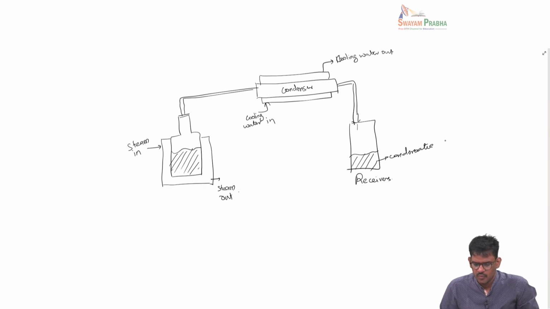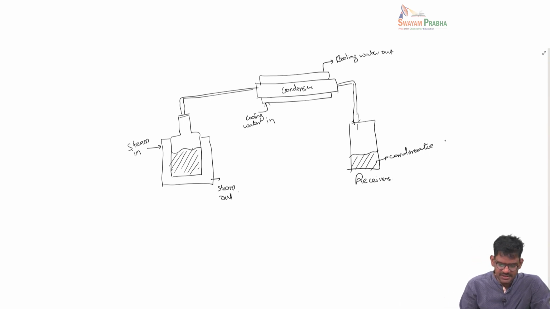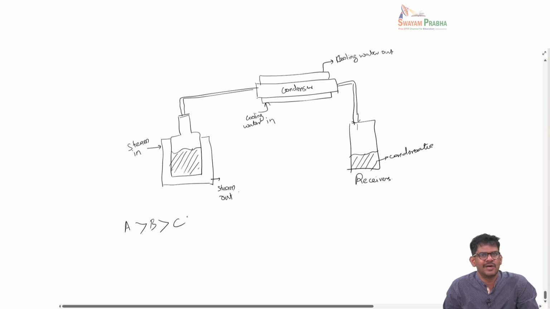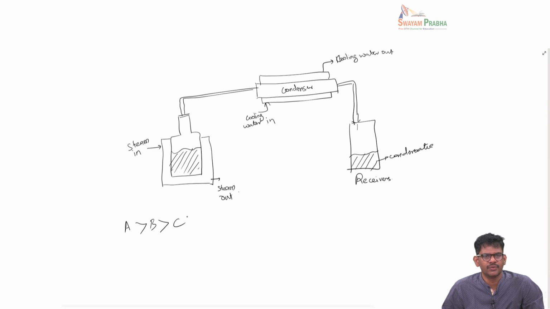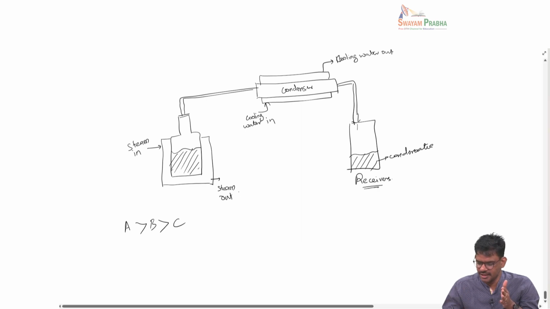One more thing you can have here: I was talking about mostly a binary mixture A plus B, but you can have a multi-component mixture also. Let's say you have A plus B plus C, such that the volatility of A is much more than B, and B is more volatile than C. Suppose you have this case, what you could do is collect for the first several minutes in one container, and this will be rich in A. After some time, mostly all of the A must have gone.